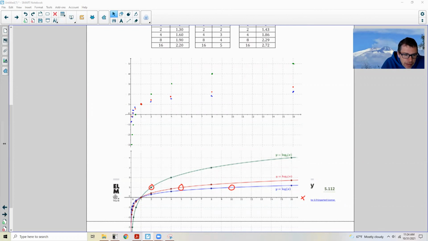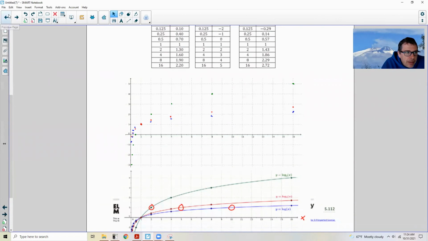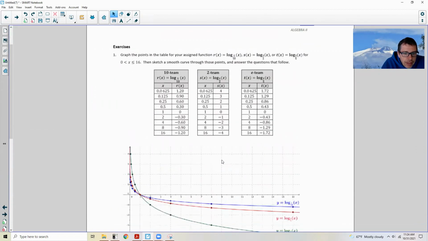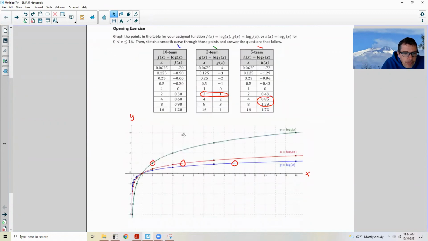But if I look at the blue one, log base 10 of x, 16 was 1 point, let's see, what was it? Let me go back. What was 16 for our log 10? Page 1. 1.20.